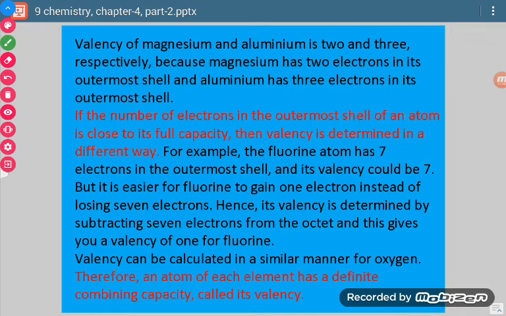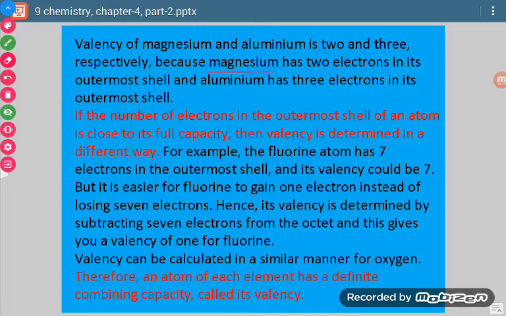Now see, let us talk about valency. We said that the valency of hydrogen, sodium and lithium is 1. Why 1? Because after losing 1 electron, it acquires an octet. Similarly, the valency of magnesium and aluminum is 2 and 3. Why?